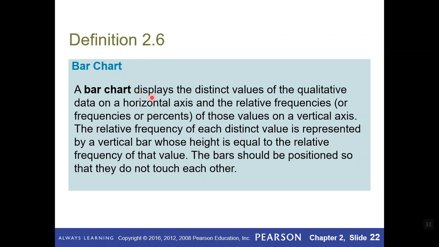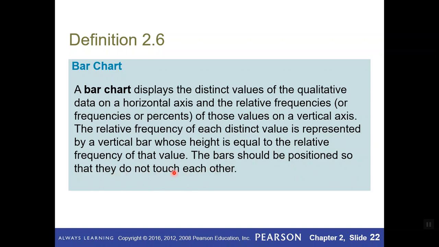A bar chart displays the distinct values of the qualitative data on the horizontal axis and the relative frequencies on the y-axis or vertical axis. Okay, the bars should be positioned so that they do not touch each other.